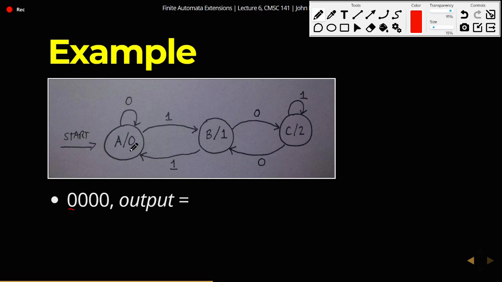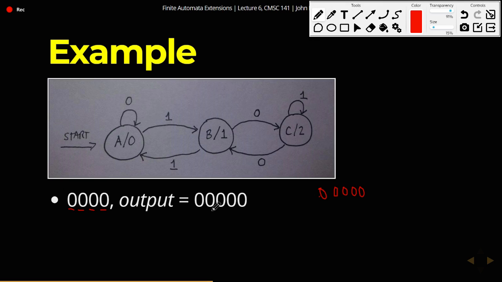We're currently at state A, so we will already output 0, because we're on state A. If we process the first 0, we'll still stay in state A. So that means that we have another 0, and then still in state A for this one, still in state A, still in state A. So we'll actually add 4 zeros for the output, so we have 5 zeros for the output.